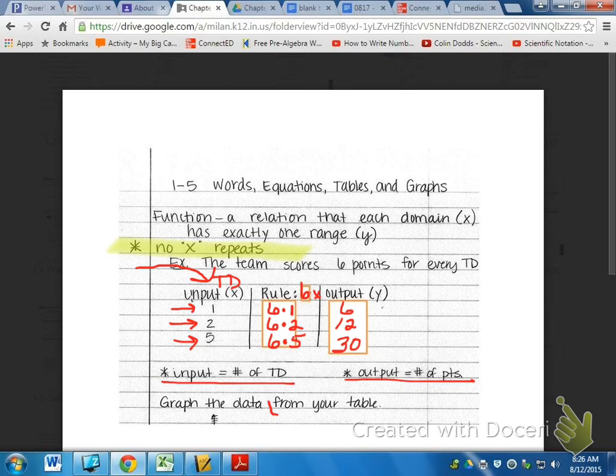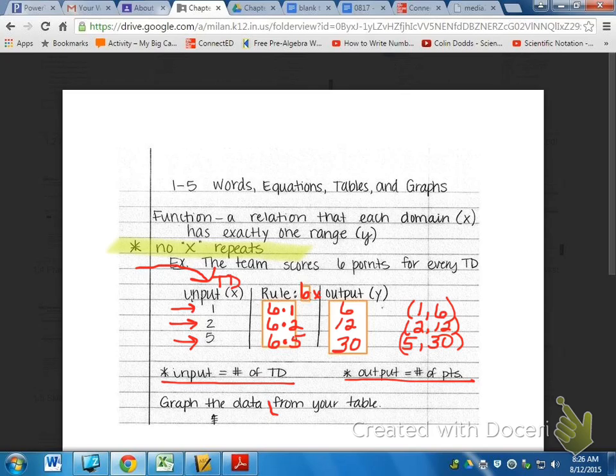Now after you find out and complete the table, it wants you to graph the data from your table. Here's what I want you to do beside this table. Here are my ordered pairs. Are you ready? 1, 6, 2, 12, and 5, 30.